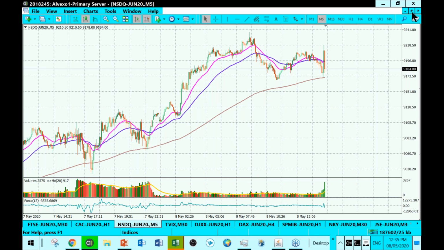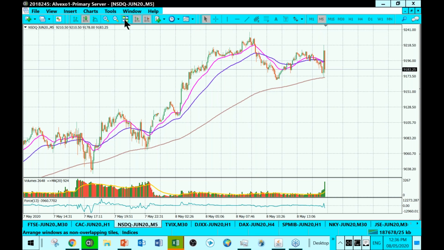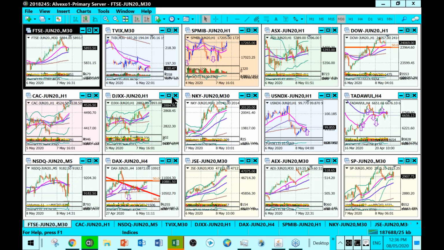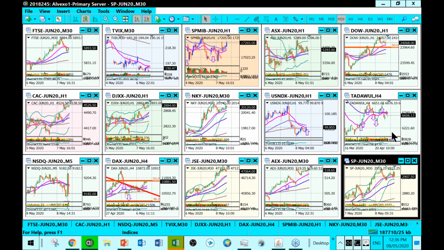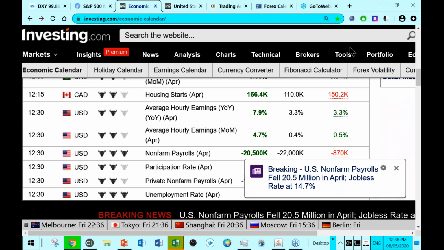I might be wrong about this. That was the NASDAQ, it didn't do much. What about the Dow? The S&P, same thing. The Dow didn't have much of an effect at all on the stock markets.